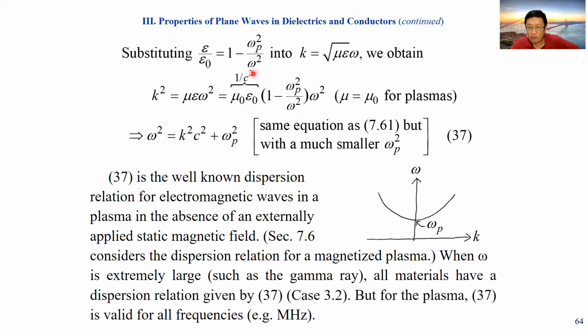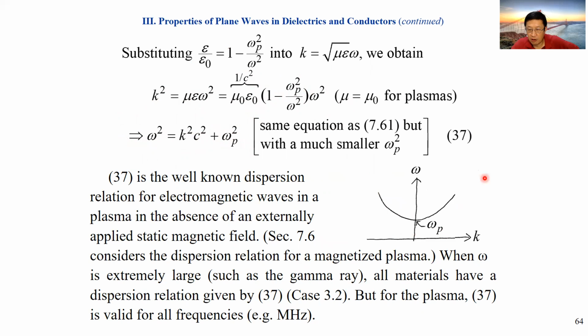Now 1 over c squared can multiply through. So we have k squared c squared, and omega squared, and omega p squared. So omega squared equals k squared c squared plus omega p squared. It's a dispersion relation between omega and k.